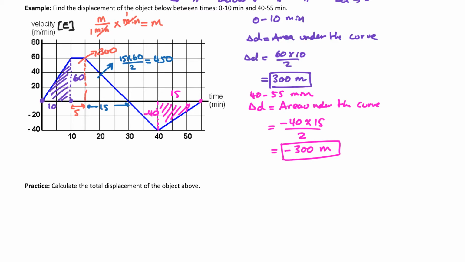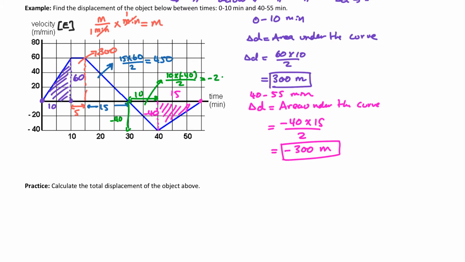What I'm doing now is finding the individual displacements for each section, and then I'm going to add them all up together. Let's do green. For this section over here, my base is 10 and my height is negative 40. It's a triangle, so I do 10 times negative 40 divided by 2, and that will be negative 200.